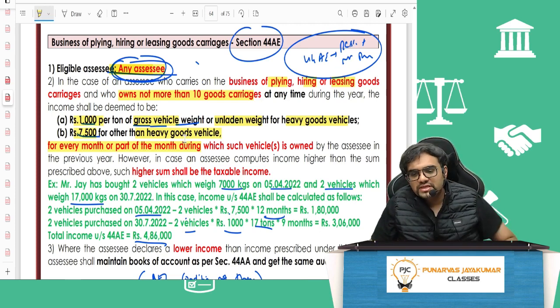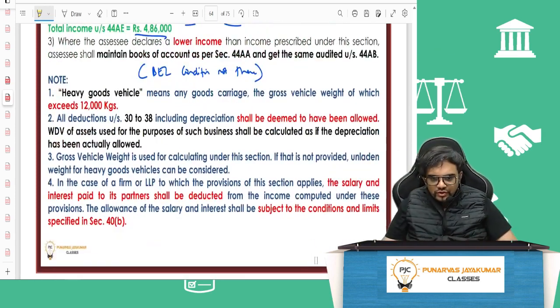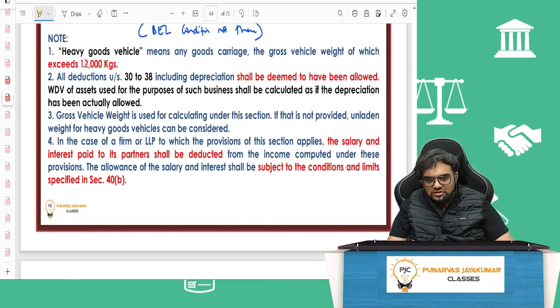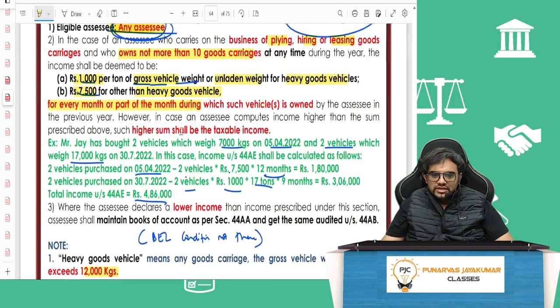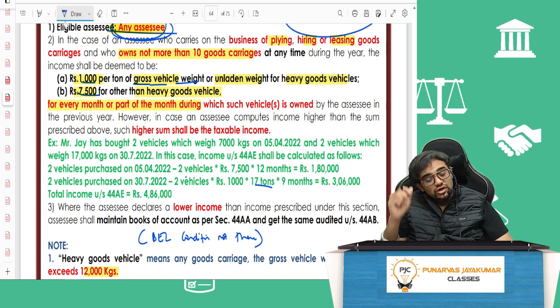Heavy goods vehicle means, what do you mean by heavy goods vehicle? It means gross weight will be 12,000 kgs. And basically it should be owned even if it's one time a year. If it is bought, it is fine. You should not cross 10 at any point of time during the year.